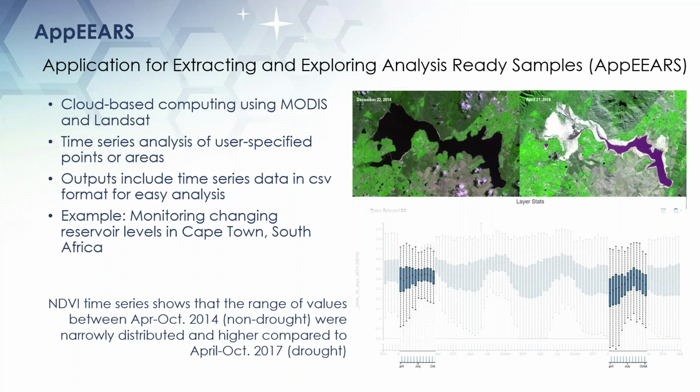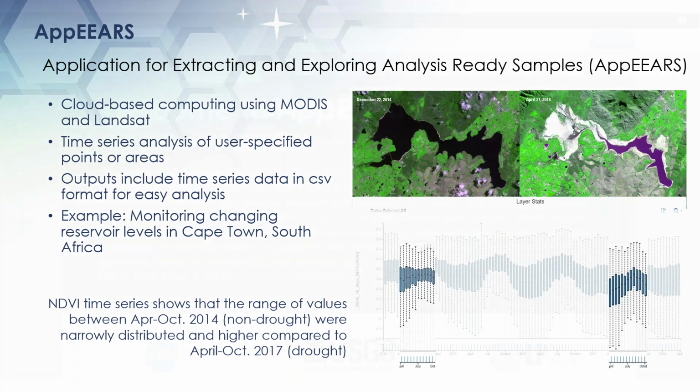So in this example, this is an image from Cape Town in South Africa, where they had these really major reservoir declines between 2014 and 2018. And then along the bottom is an NDVI time series, where you can see the NDVI values surrounding the reservoir were much higher prior to the drought in 2014 than they were in 2017.